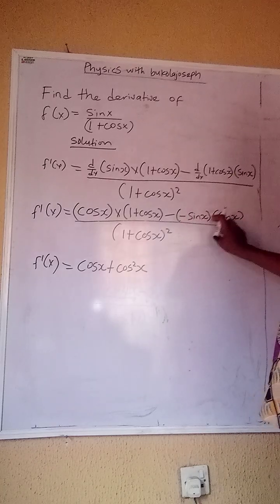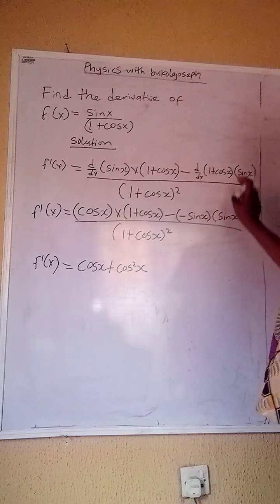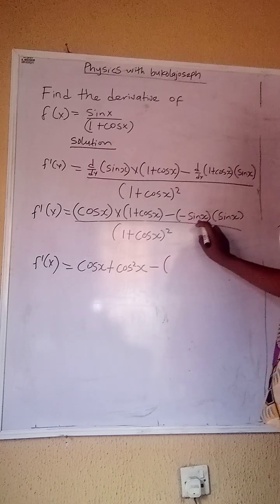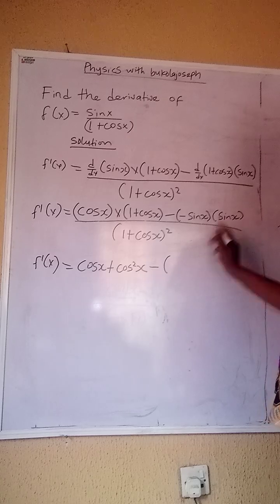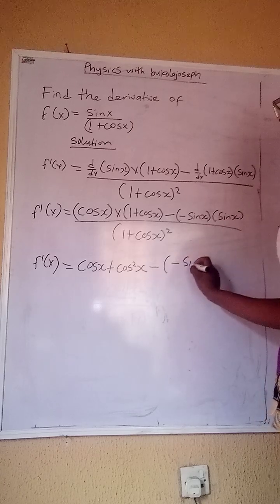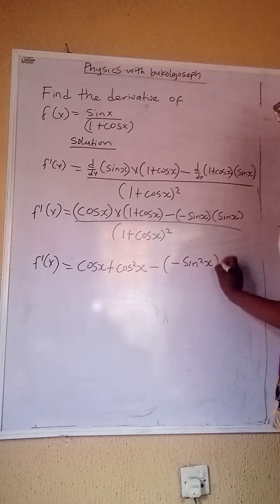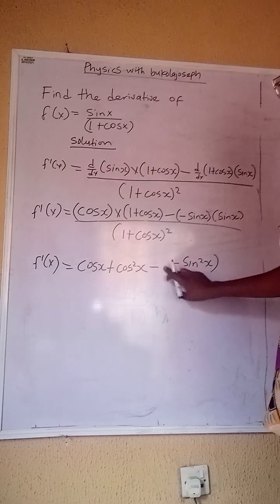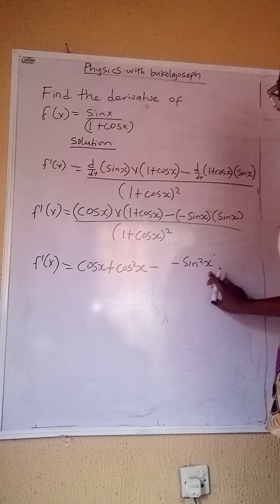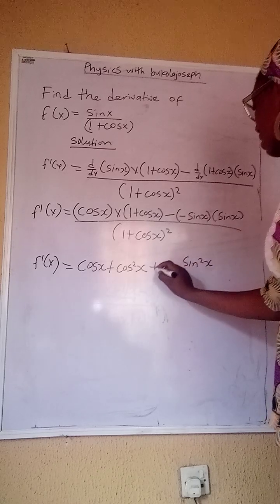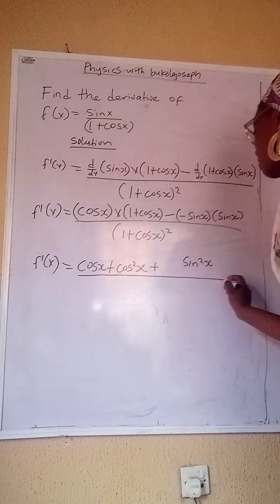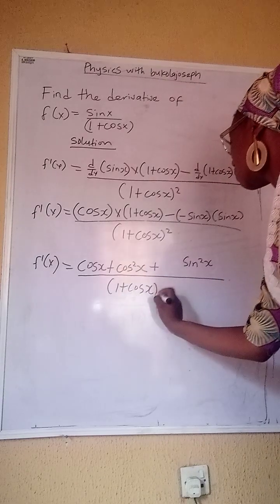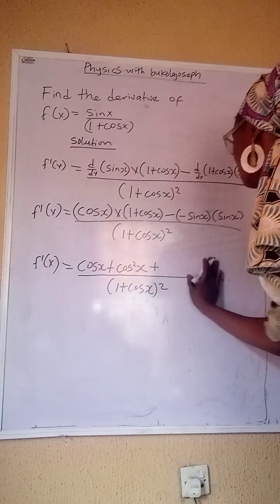Minus sine x times sine x will give us, there's a minus, minus sine x times sine x will give us minus sine squared x, right? So if I want to remove these brackets, this minus will cancel this minus, and then we'll be left with a plus. Okay, so all over 1 plus cos x all squared.